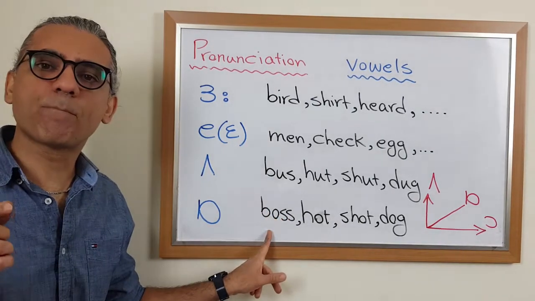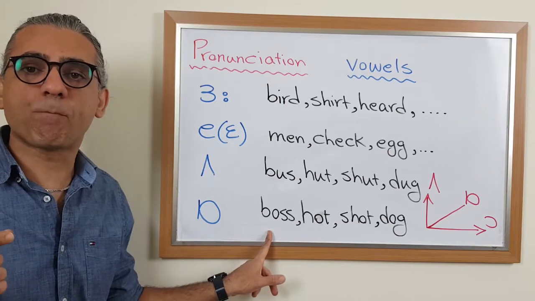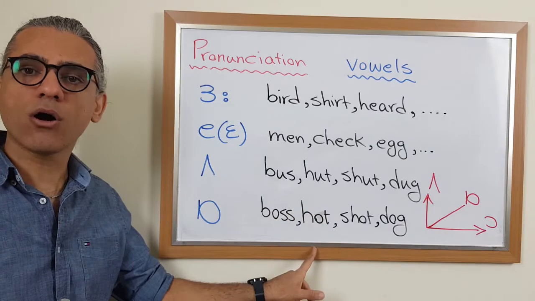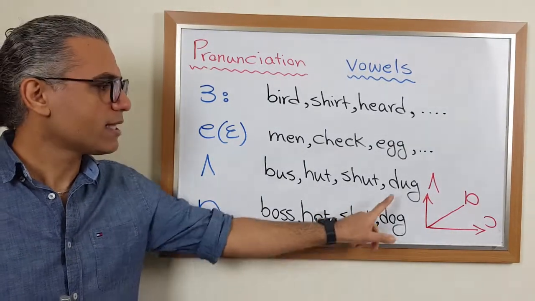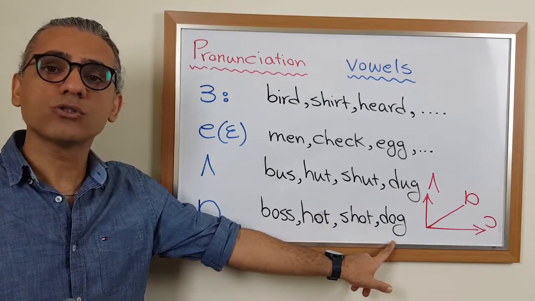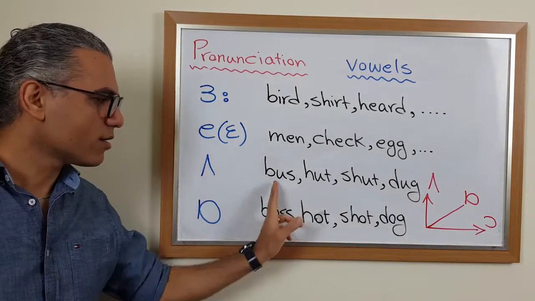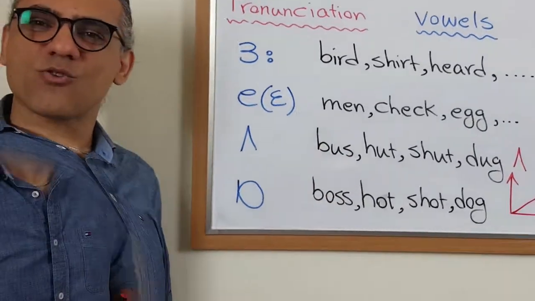It is like you're putting pressure on the sound B. Boss. It is easier to pronounce. This is hut. This is hot. This is shut. This is shot. This is dug. This is dog. So, again, you need to practice to learn the difference between this one and this one.